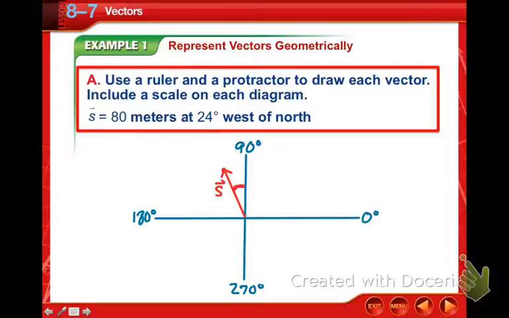But 24 degrees west of north, when you add that to 90, because that would be the entire rotation, would be the 114 degrees I was talking about earlier. So this is 114 degrees. And here is 24 degrees.